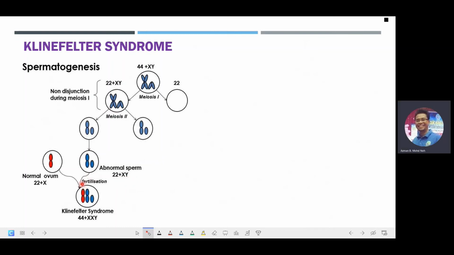When this abnormal sperm fertilizes a normal ovum, let's say containing 1 X chromosome, this will produce an abnormal zygote with 3 sex chromosomes, X, X, and also Y. So this zygote will then develop to become an individual showing Klinefelter syndrome.